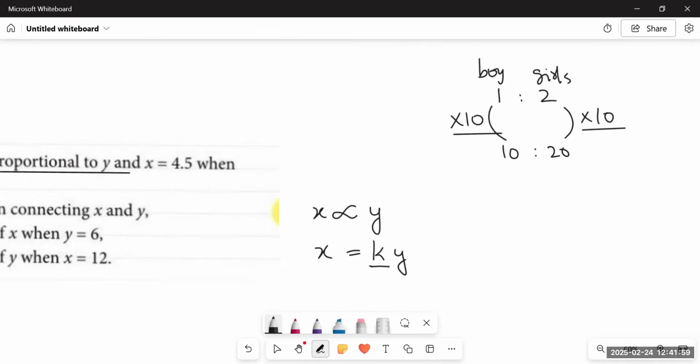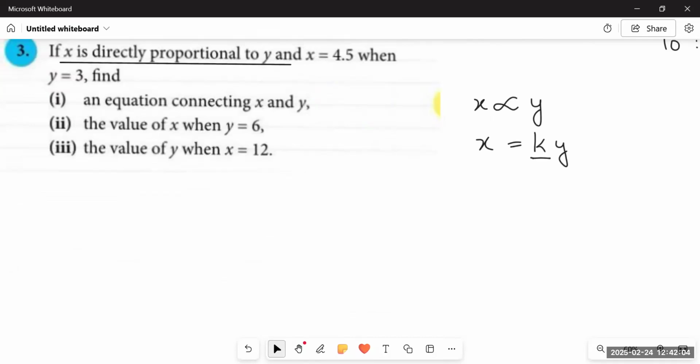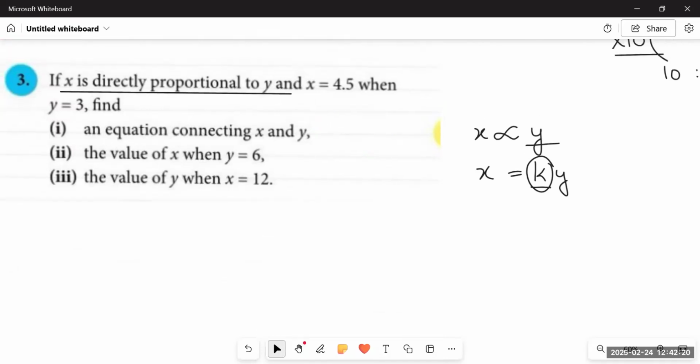So if X is directly proportional to Y, then the equation would be X is directly proportional to Y. And when we replace this sign with is equal to, here we have to put a K along with the second quantity. So it would be X is equal to Ky. Now, we are provided with the value of X as 4.5. So what are we going to do?